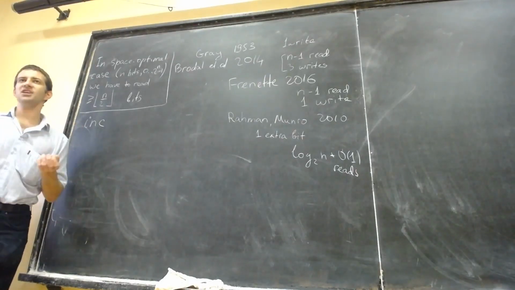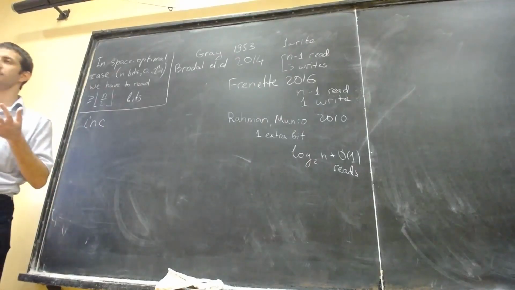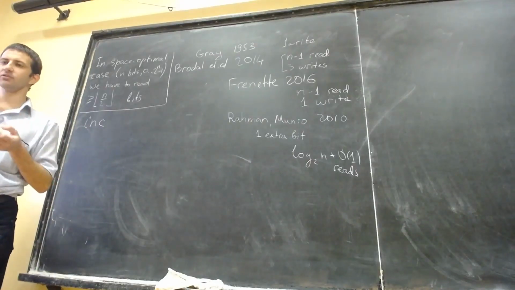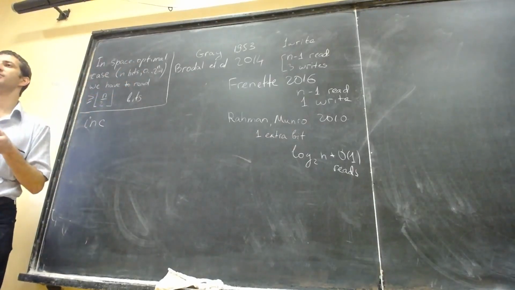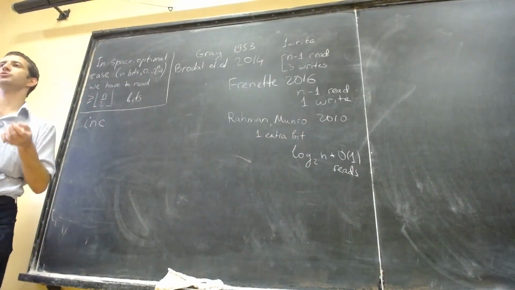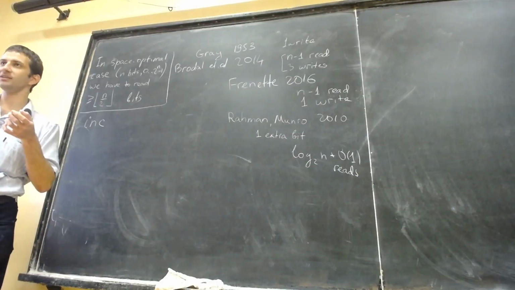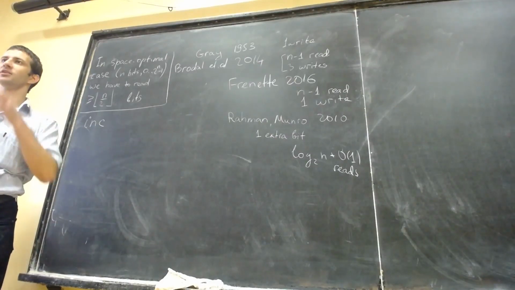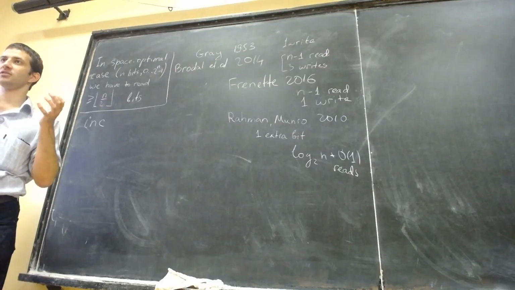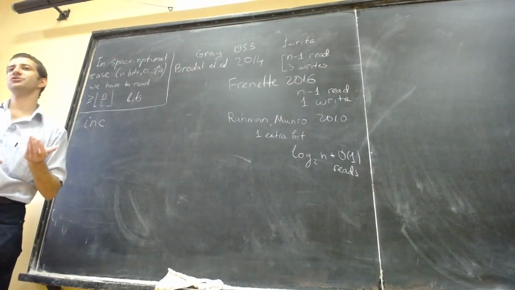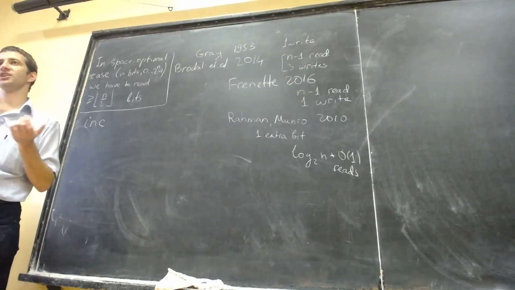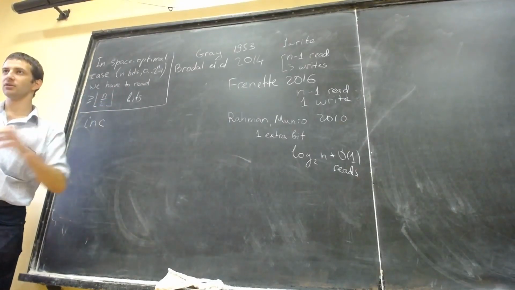Well, the representation itself is just a mapping which, in this case, gives for every number from 0 to 2 to the n minus 1 some sequence of n bits. There is the canonical binary representation, which is good on average, but in the worst case requires reading everything.